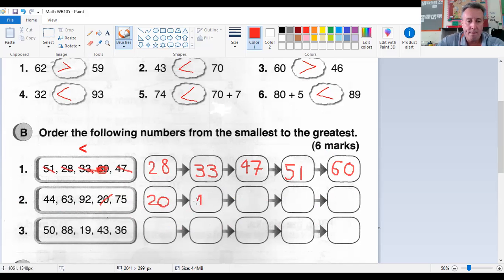40, 63, 75, and 92. You try and say these numbers too.